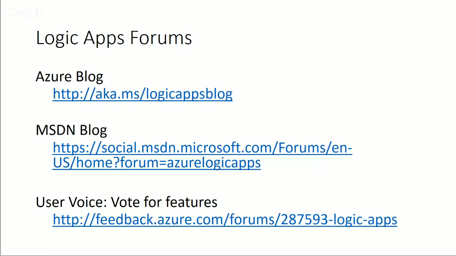Even if you email me directly, which you're more than able to do, and say, hey, here's something I want, it's easier for us to track it when you create an item in UserVoice because it's persistent and kept with all the other requests. So please feel free to reach out to us directly on Twitter or email or whatever, but it does help if you also create or vote for an item on UserVoice, and that way I don't forget about it or fail to log a backlog item. So yes.